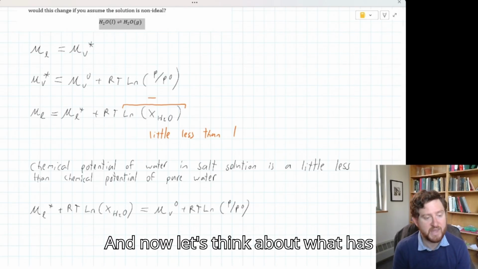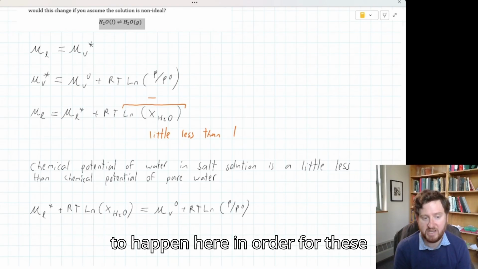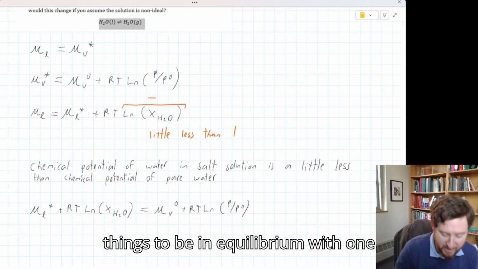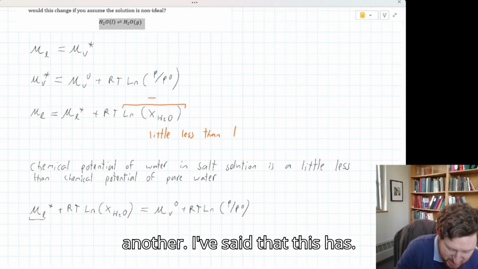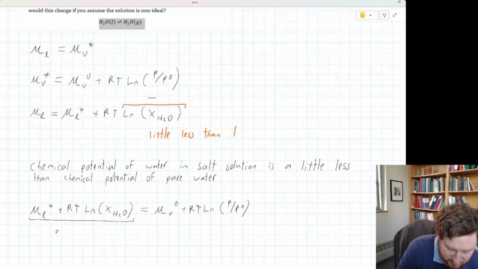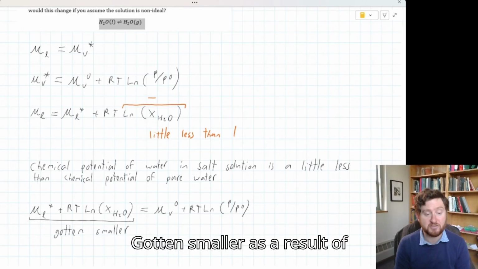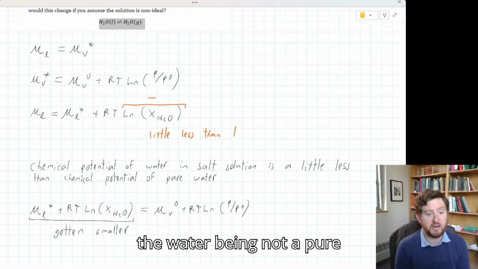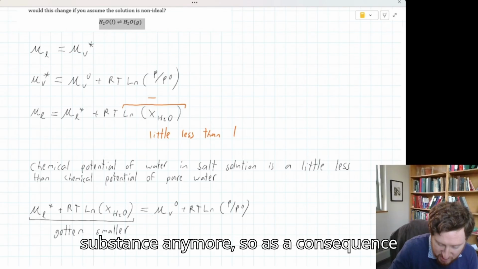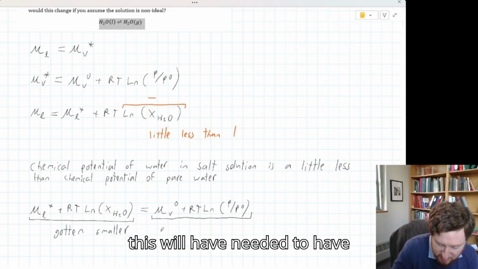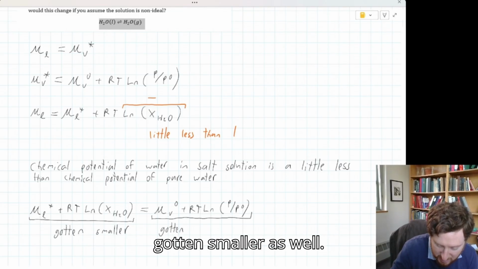And now let's think about what has to happen here in order for these things to be in equilibrium with one another. I've said that this has gotten smaller as a result of the water being not a pure substance anymore. So as a consequence, this will have needed to have gotten smaller as well.